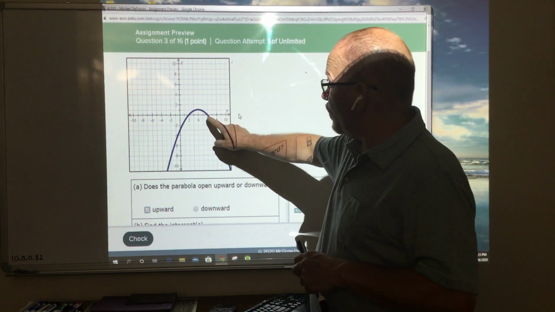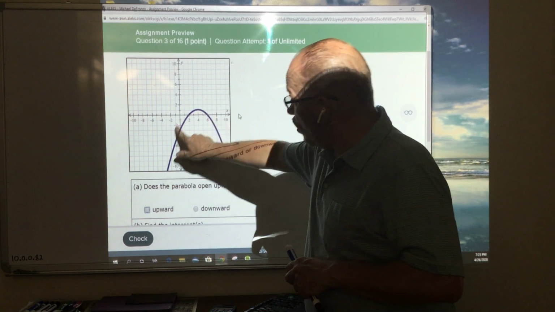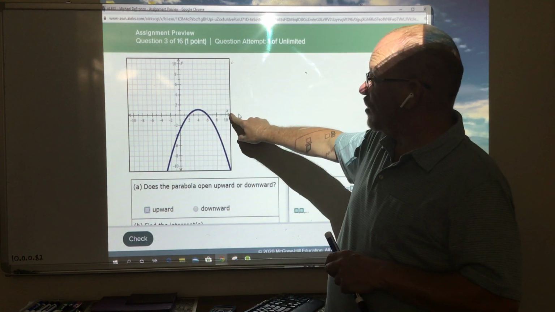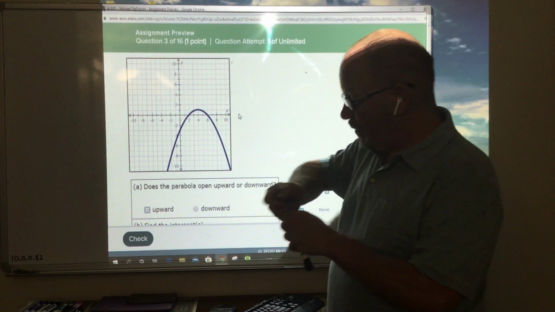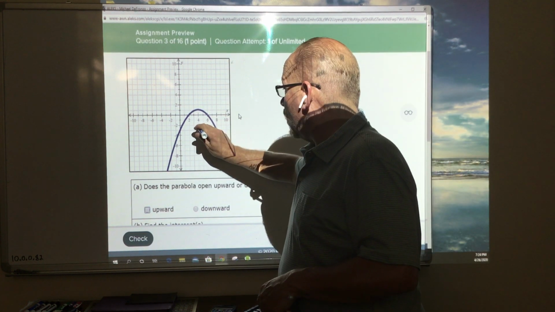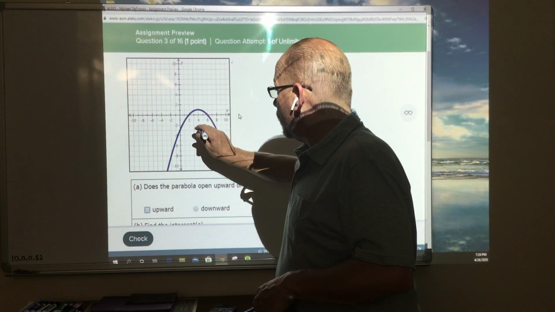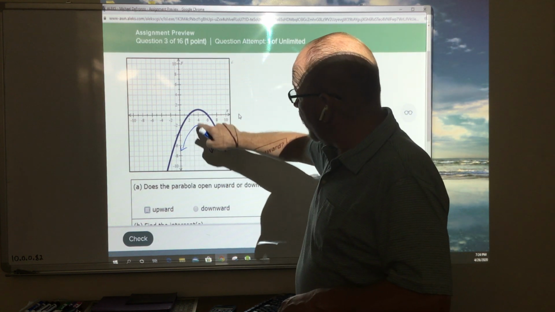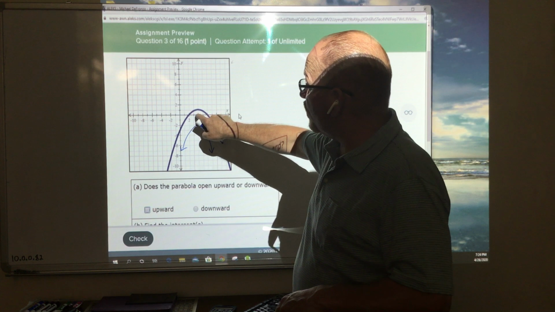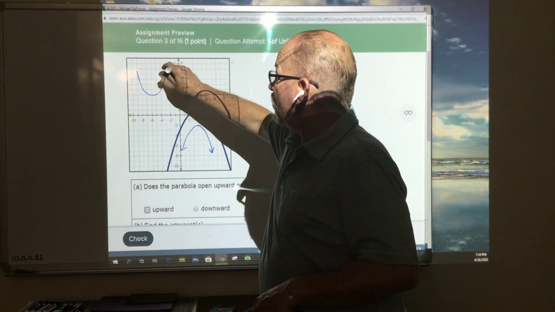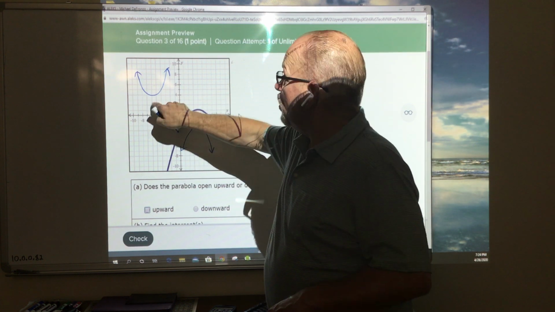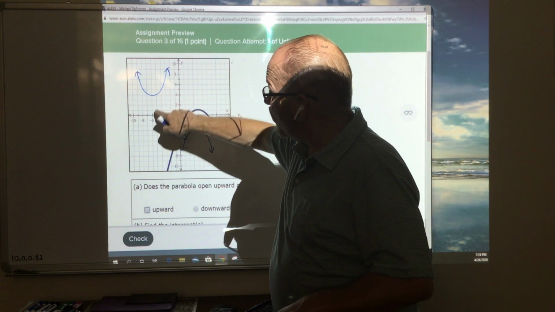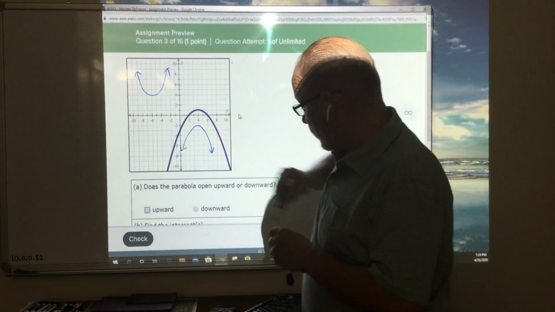They're real roots because it's where the parabola crosses the x-axis. Now if this parabola was down a few notches, down here, it wouldn't have any real roots because there's no intersection of this parabola with the x-axis. Or if it was up here, no real roots because it's not crossing the x-axis anywhere.